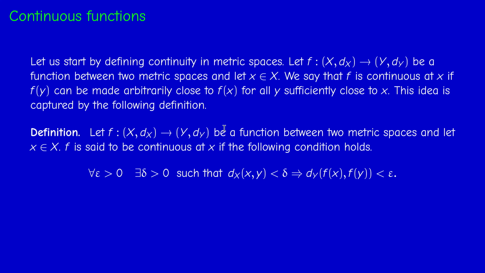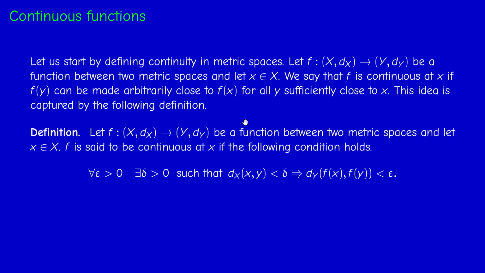A function f between two metric spaces is continuous at a point x if for every epsilon positive there exists delta such that if the distance between x and y is less than delta, then the distance between their images is less than epsilon. So the same idea of convergence actually. Epsilon is, if you like, the accuracy of the approximation. So the distance can be made arbitrarily small, provided the points are sufficiently close together.